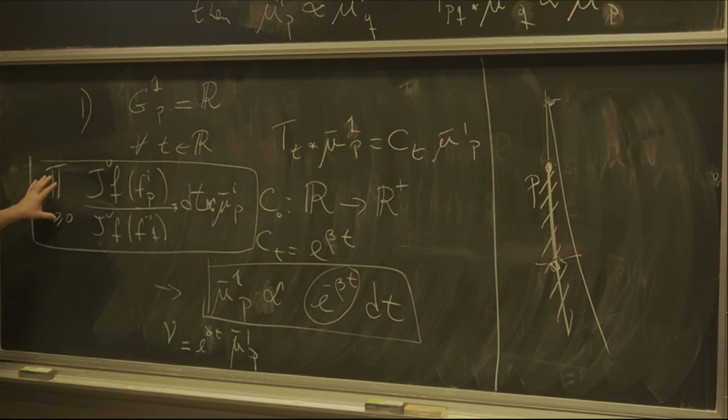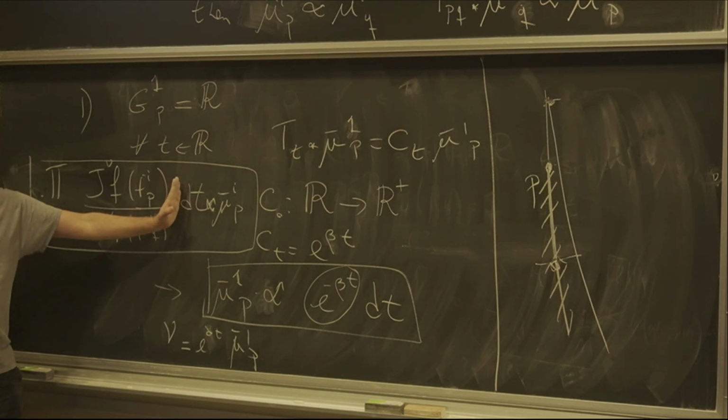This is what Pesin tells you, that once you know the conditional measure is absolutely continuous, actually the Radon-Nikodym derivative is given by this formula.